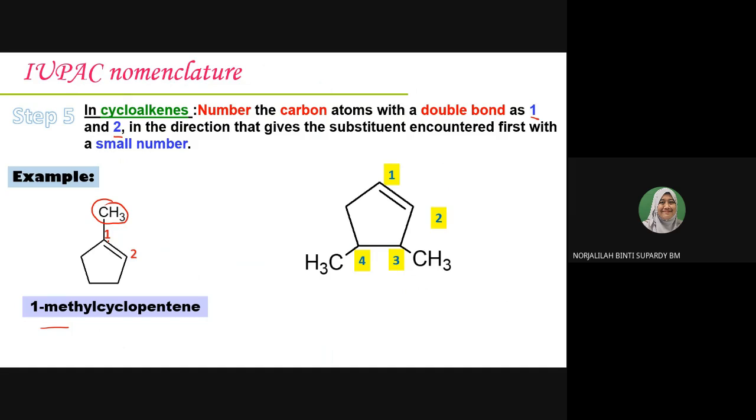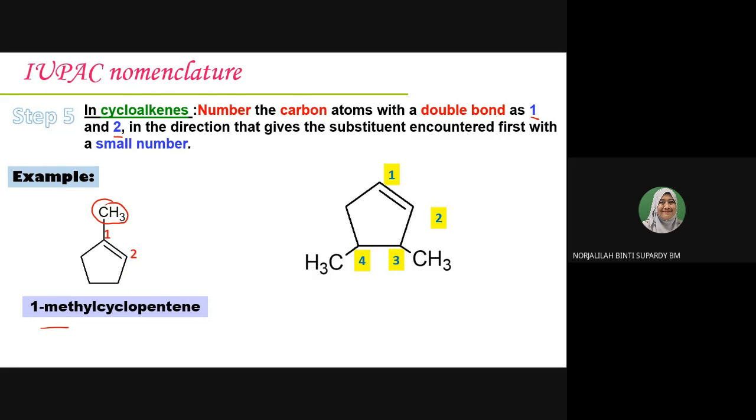We don't have to give numbers for the double bond if there is only one double bond in the cyclic compound.